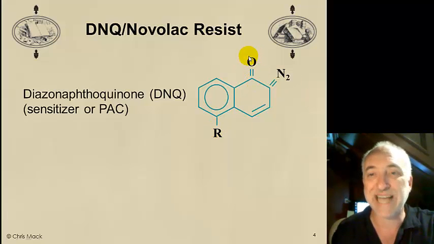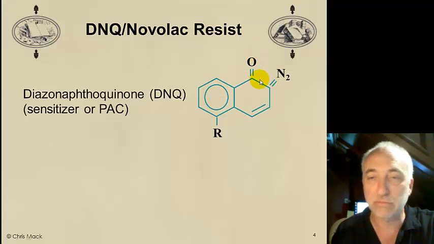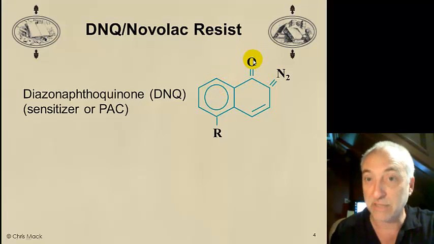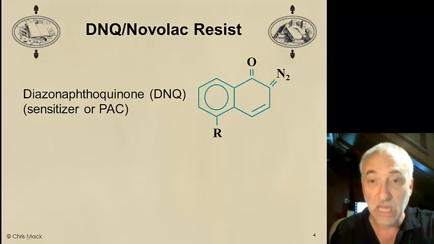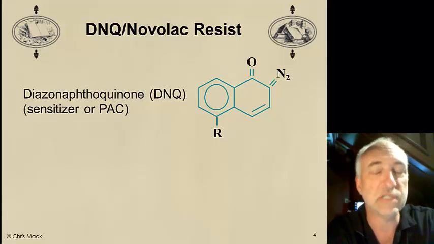If I attach this oxygen to the naphthalene rings, I call this oxygen a quinone. I actually don't know why, but that's the historic name for them, a quinone. And so this oxygen attached to these 2 rings is called naphthoquinone, so we have diazonaphthoquinone.